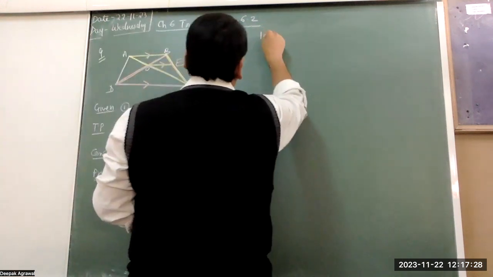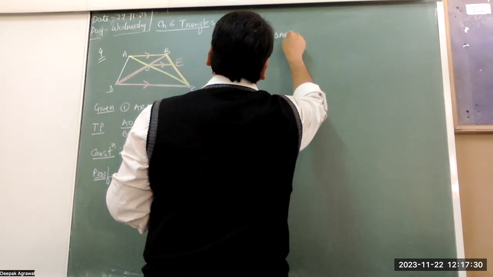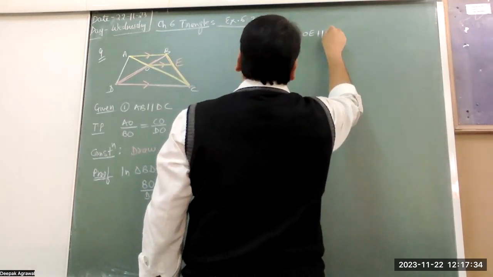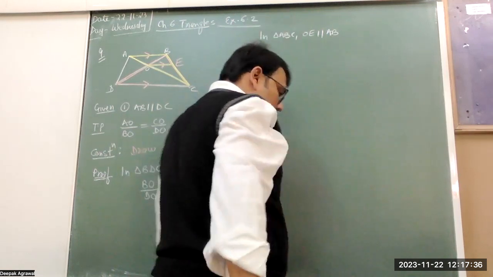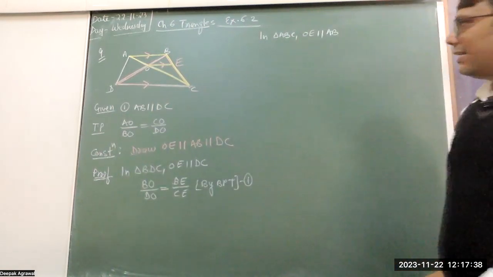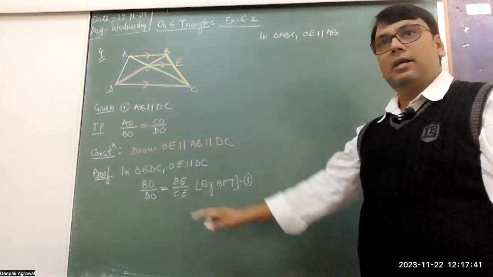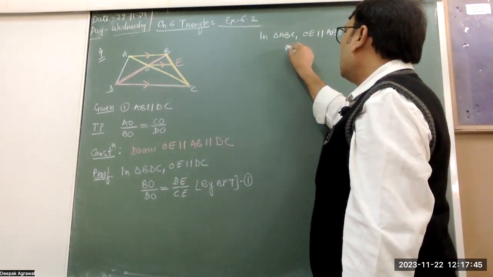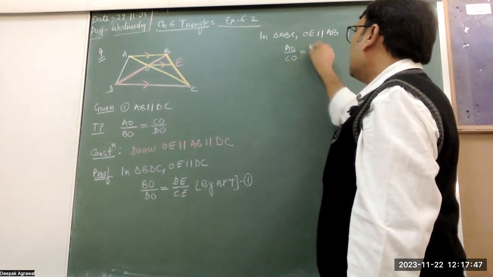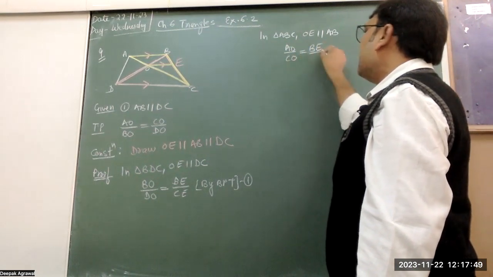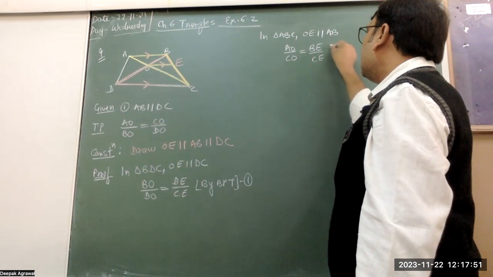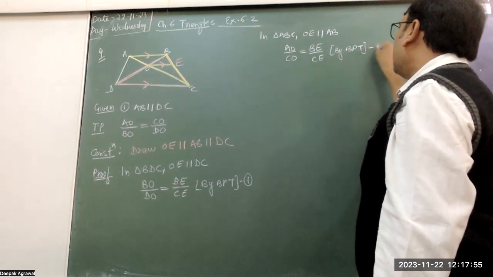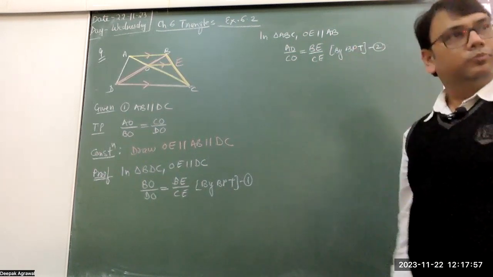So in triangle ABC, OE is parallel to AB. Now see, take care that I'll be writing in the same fashion as I have written here. Fine? So I'll be writing AO upon CO is equal to BE upon CE by BPT again, and that is equation number 2.